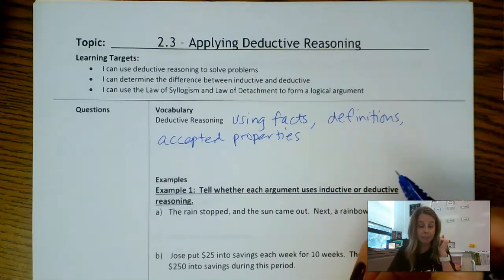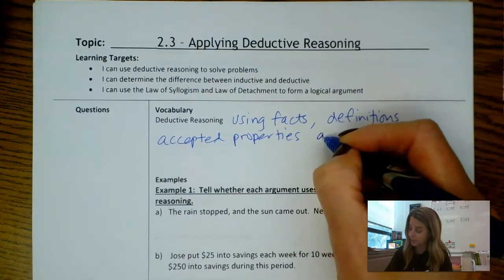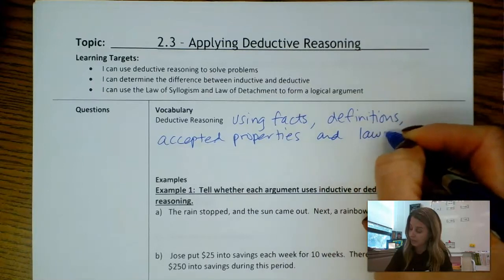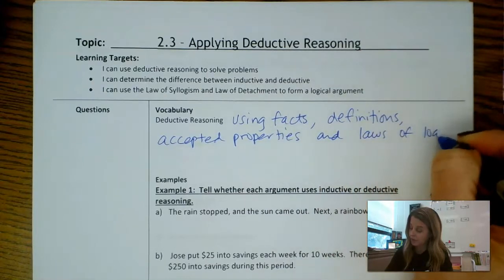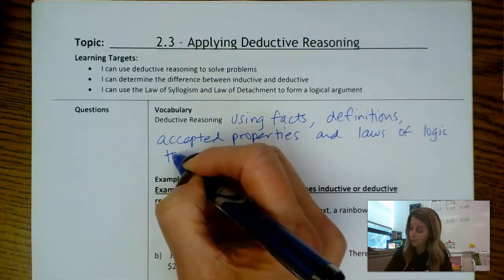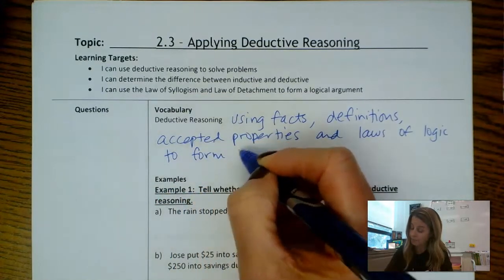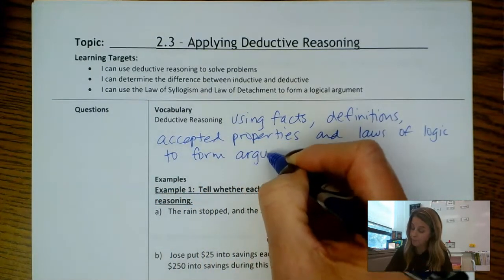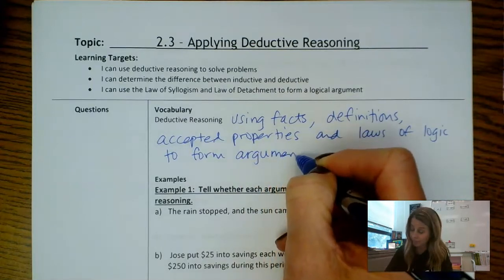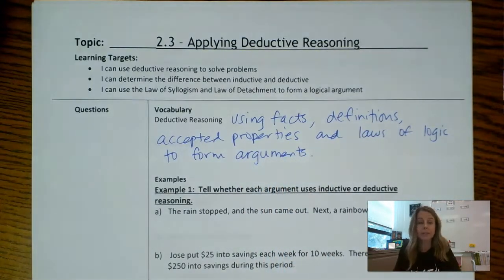Facts, definitions, accepted properties, and laws of logic to form arguments. So the process of deductive reasoning is using facts, definitions, accepted properties, you could throw in postulates, theorems, those types of things, and laws of logic to form arguments.